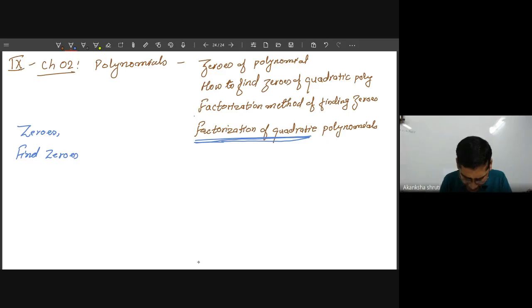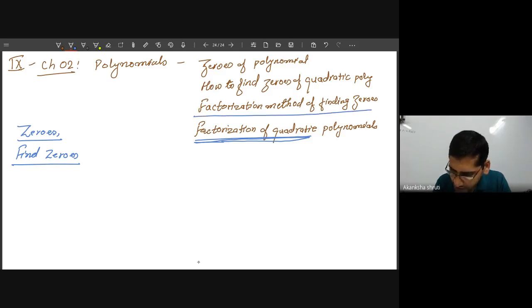For finding zeros, we need this factorization of quadratic polynomial into two linear polynomials. So these two things, exclusively about the factorization method of finding the zeros, we are going to discuss.